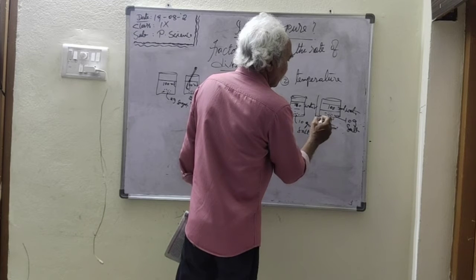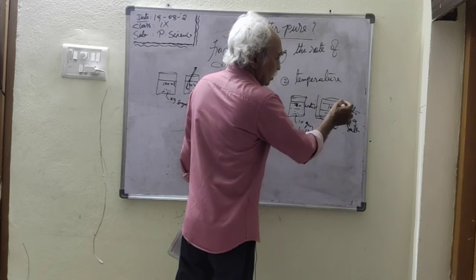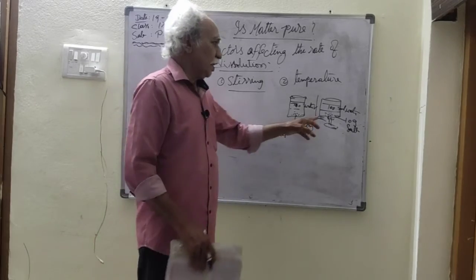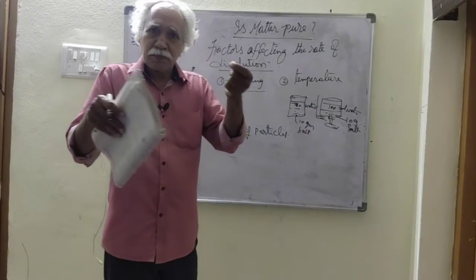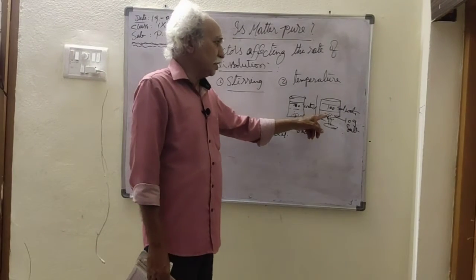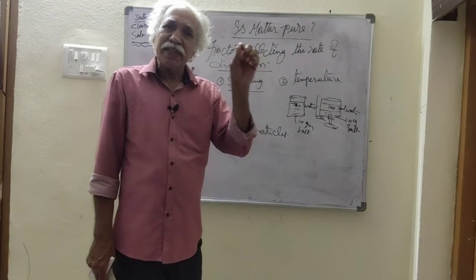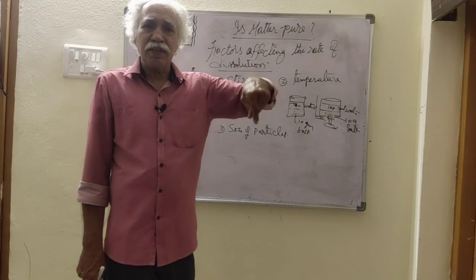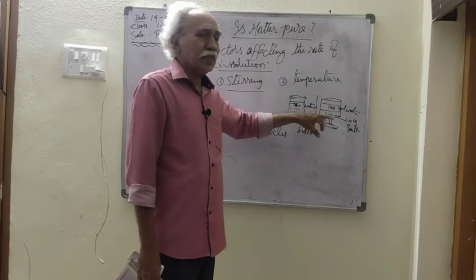As the temperature increases, what happens here? The rate of dissolution increases, because as temperature increases, the space between the solvent molecules increases. So the solute molecules' kinetic energy also increases. They are quickly moving through the solvent, so the rate of dissolution increases.